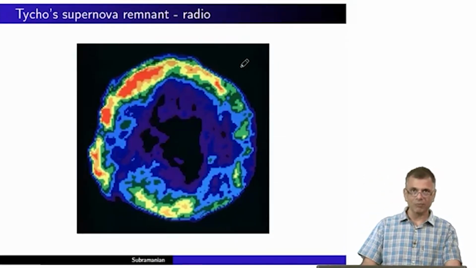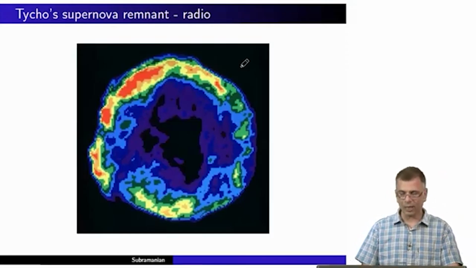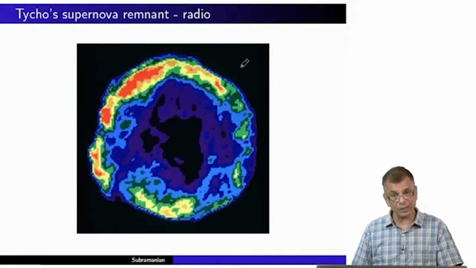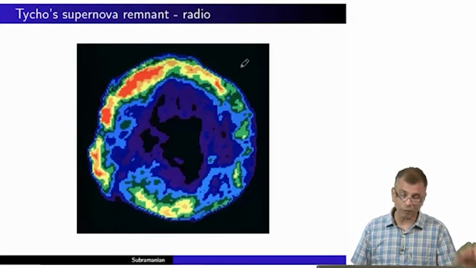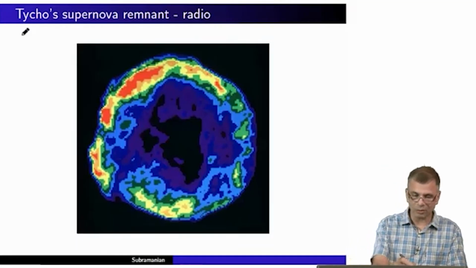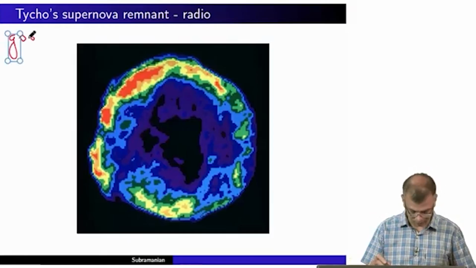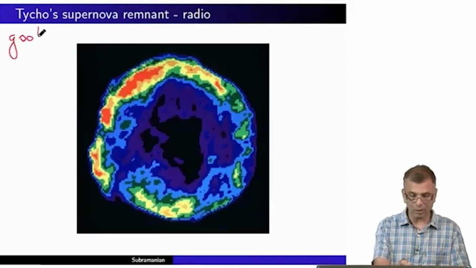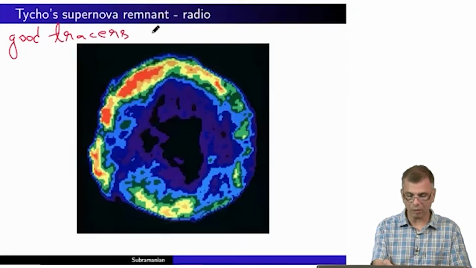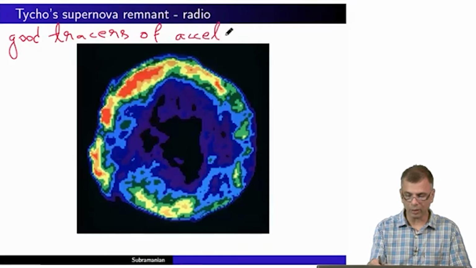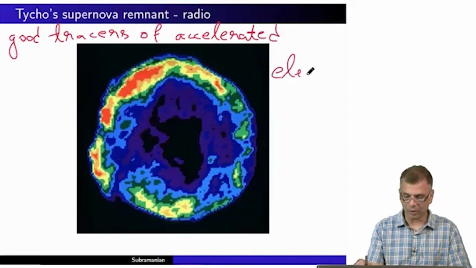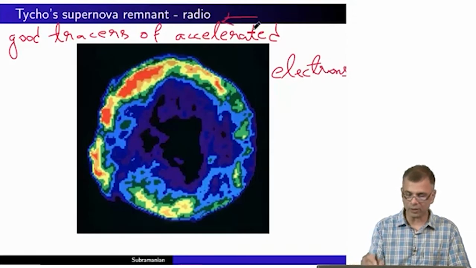Now radio wavelengths, the specialty about radio wavelengths is that they are very good tracers of energetic electrons, of accelerated electrons. That's what radio wavelengths are good for.